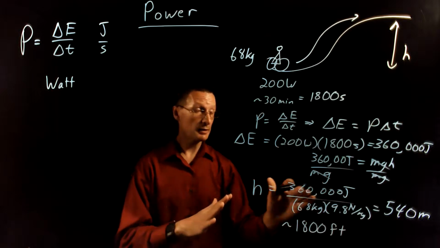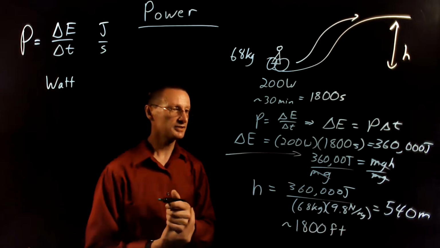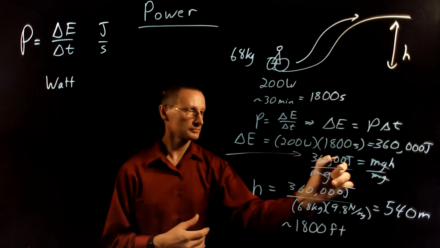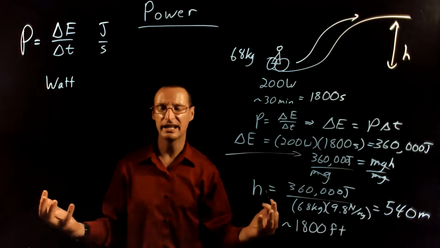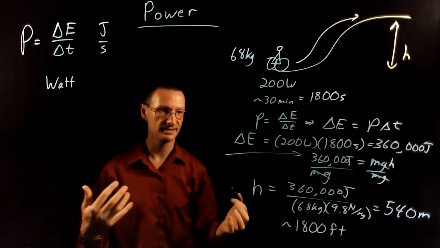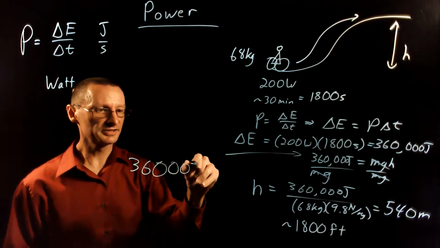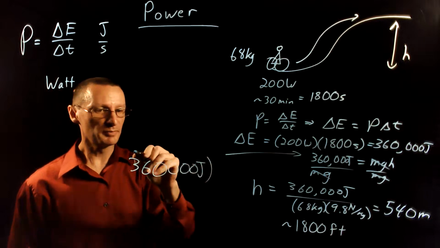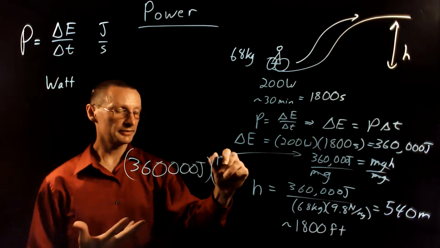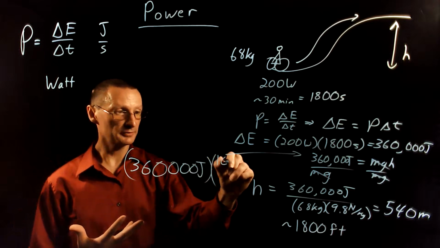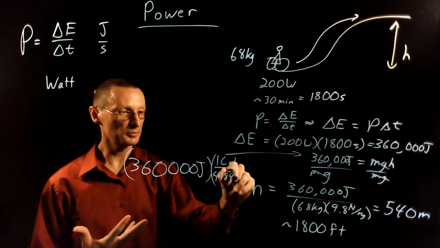Okay, the last thing I want to do is think about, if I were to take this 360,000 joules and convert it into food calories, how many food calories would that actually represent? So we take the 360,000 joules and we multiply it by the conversion of 1 kilocalorie, or 1 capital C food calorie, which is equal to 4,184 joules.